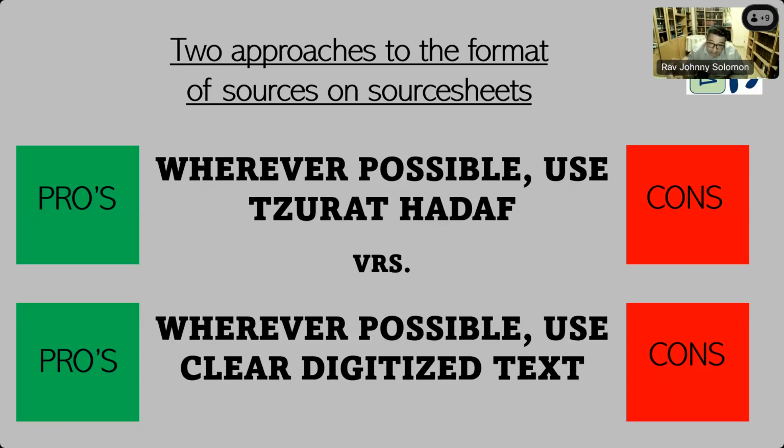And then there are academic editions, which often cost more to produce and cost more to purchase, where the text is more accurate. The issue is that most of us don't necessarily have those works accessible to us. Now, some digital databases, especially those with text like Otzar Chochma, which is a paid database, may have more academic versions available.